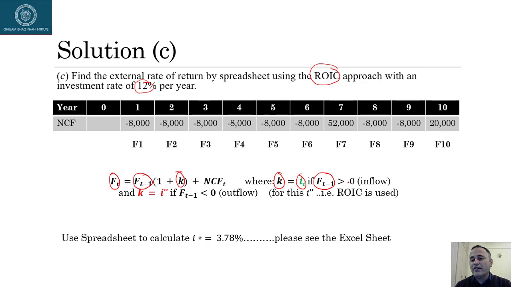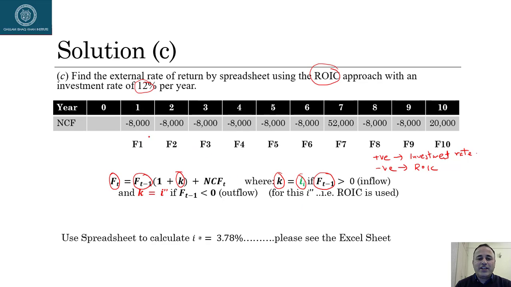We have to calculate that, but I'll use the return on invested capital rate. Let me repeat it again. If the previous cash flow is positive, I will use investment rate. So for positive, investment rate. For negative, it is ROIC.